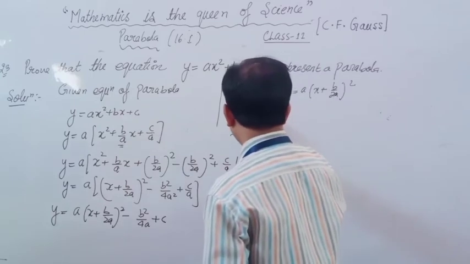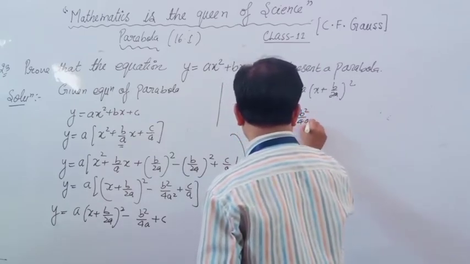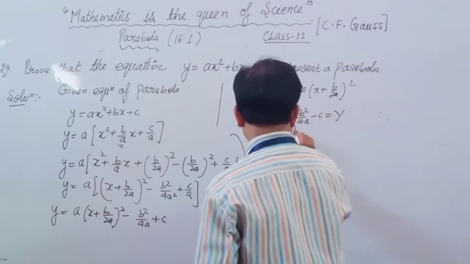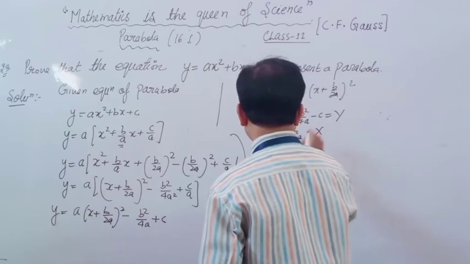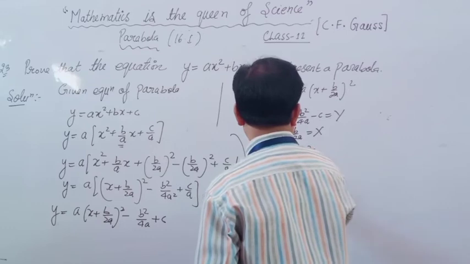We consider y plus b square upon 4a minus c as capital Y and x plus b upon 2a as capital X. So we get capital Y is equal to a times capital X square.